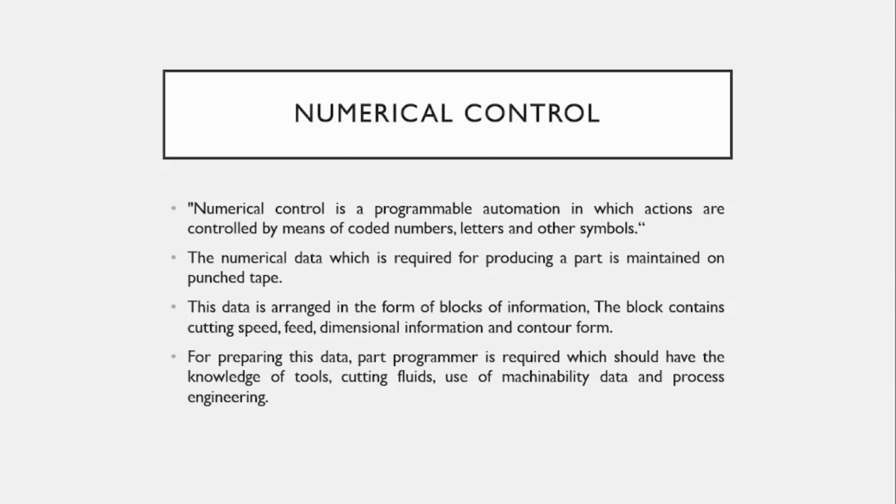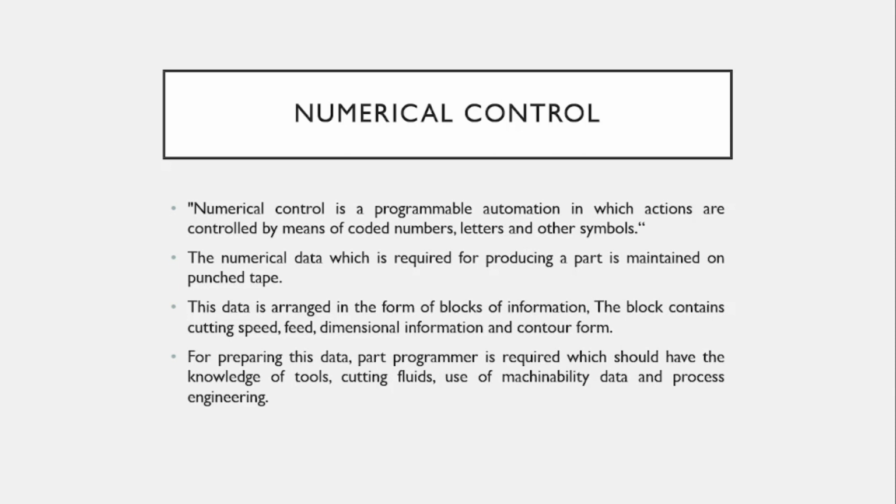The numerical data which is required for producing a part is maintained on punch tape. The data is arranged in the form of blocks of information. This block contains cutting speed, feed, dimensional information, and contour form. So normally there is a block which has a large amount of information related to the product which we are going to develop.